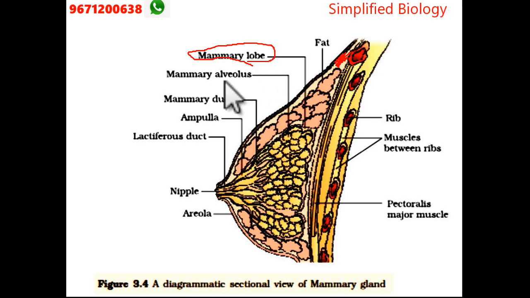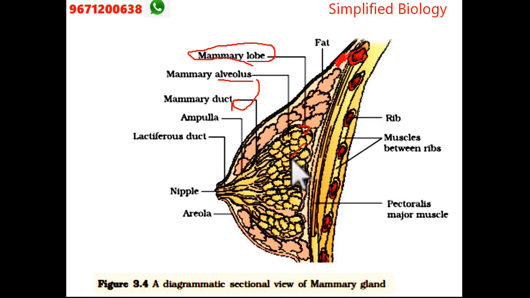Each lobe contains alveoli. The alveoli secrete the milk and store it for some time, then pass it into the duct. Clear beta? So these are the mammary lobes.